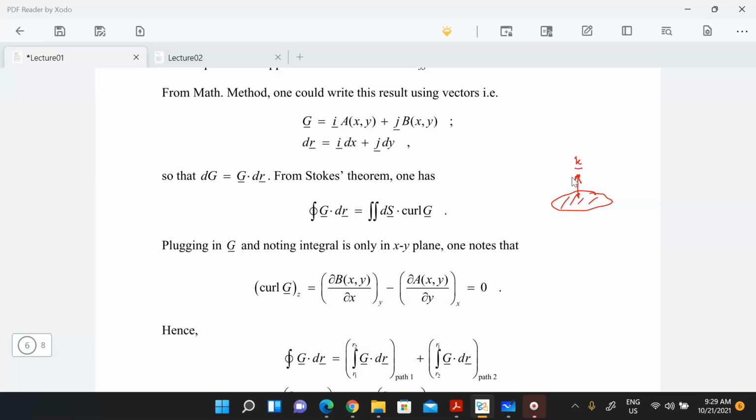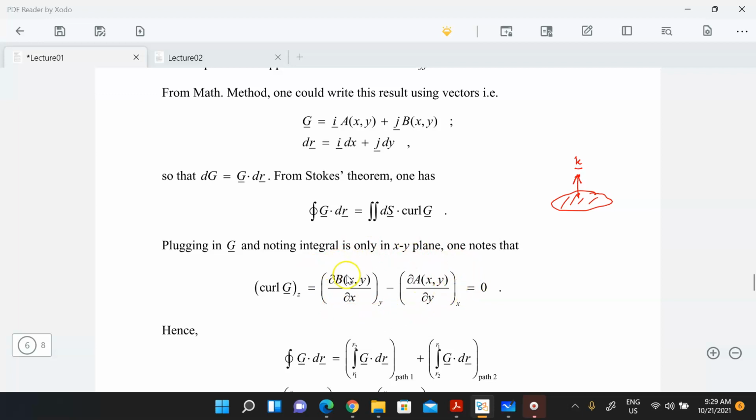The normal to that surface will be in the direction of z. So if I want to integrate this, I will just take the z component of that. The z component of curl g will be given by that.